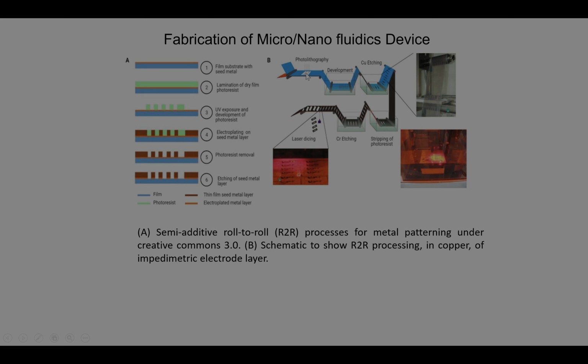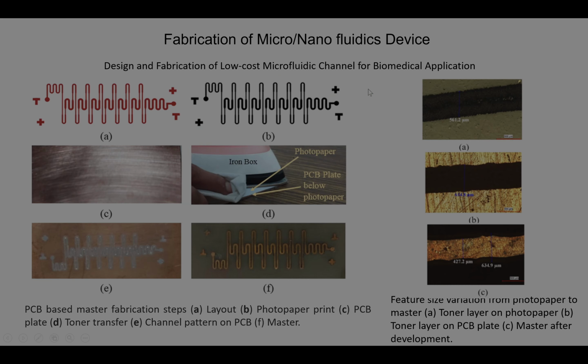This is another technique for how it can be done. First photolithography, then development, then copper etching, then stripping of the photoresist, then chromium etching, then laser dicing is possible at the industrial level.